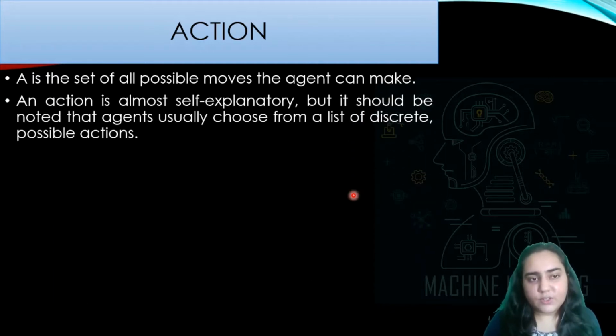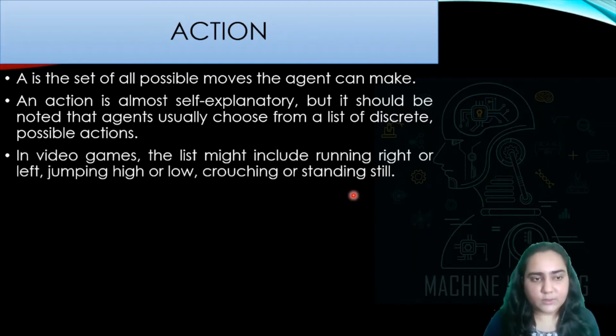Although action is almost self-explanatory, it should be noted that agents usually choose from a list of discrete possible actions. As human beings, there are an infinite number of things that we can do as actions. But when we implement a reinforcement learning algorithm, we choose from a list of possible actions. So it is a finite list, not an infinite list.